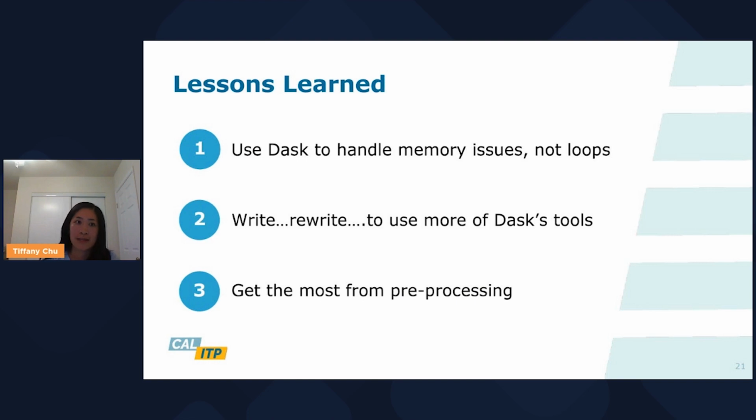And so what were my lessons learned? Well, first, we should use a big data tool like Dask to handle memory issues, not loops. In version 1, you probably need loops to get some visibility into what you're working on, to make sure what you intend to execute is actually being done. But don't leave them in place simply because you don't want to crash your kernel. Use the right tool to handle a memory issue.